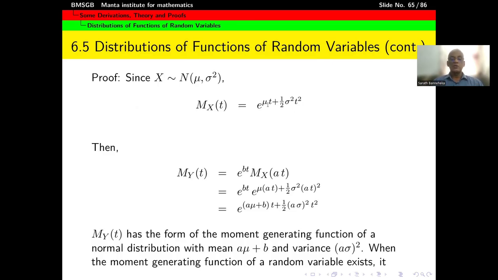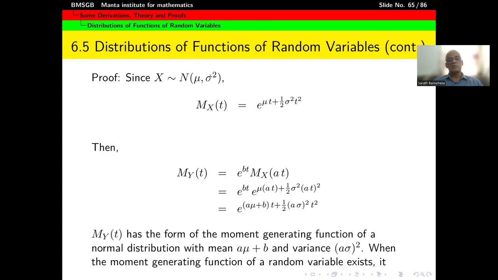The only thing is that the constant terms in front of t and in front of t square are different. Now, remember that this is the moment generating function of a normal distribution with mean mu and variance sigma square. So mu is appearing as the coefficient of t, and sigma square is appearing as the coefficient of half t square.